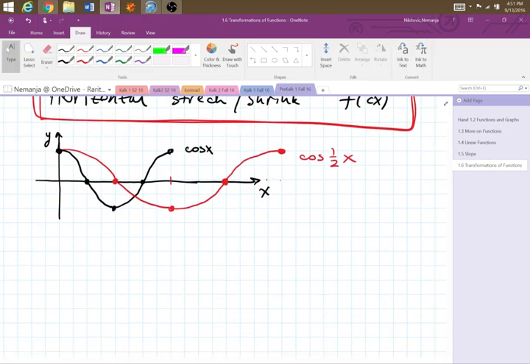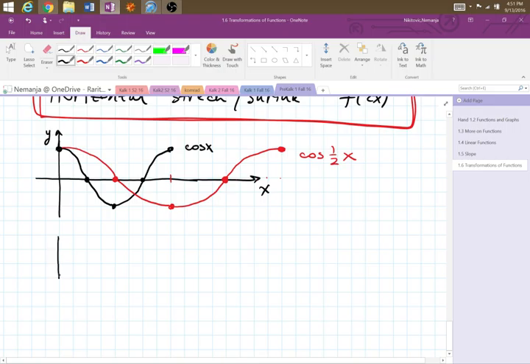And then if I draw the same cosine for the shrink, and then make it go twice as fast.